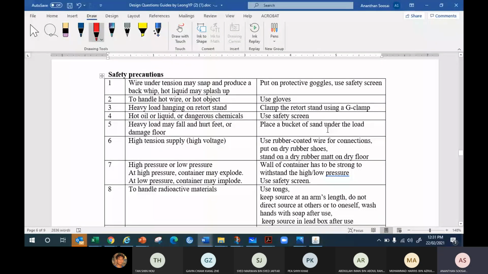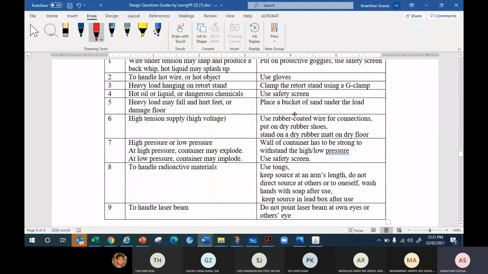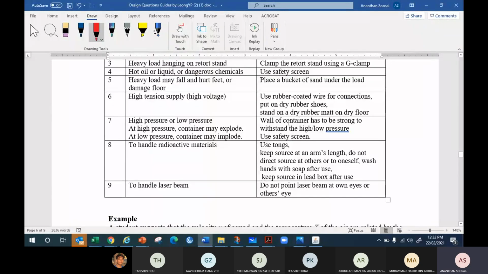Anything heavy load is used, use a G clamp or a sandbag, so that the load falls into the sandbag. Or hot oil, use a safety screen, and so on. Heavy load, place a bucket of sand beneath. High tension, rubber coated wire connection, wear dry rubber shoes. High pressure, use a valve that can withstand very strong pressure.